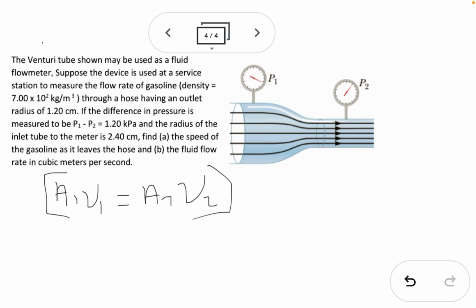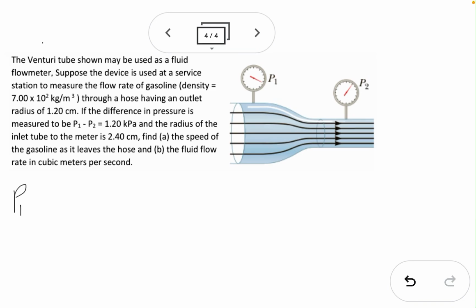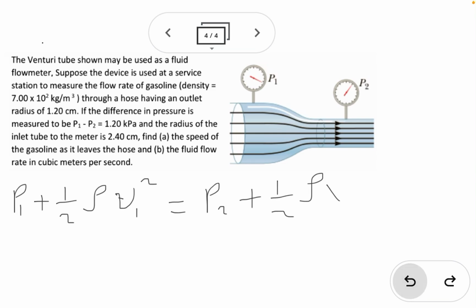All right, so let us go ahead and just rewrite that equation. So Bernoulli's equation, as we have derived it initially, for a horizontal system, it's going to be P1 plus half rho V1 squared, which is equal to P2 plus half rho V2 squared.